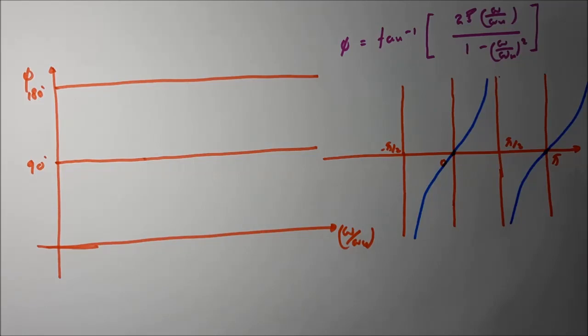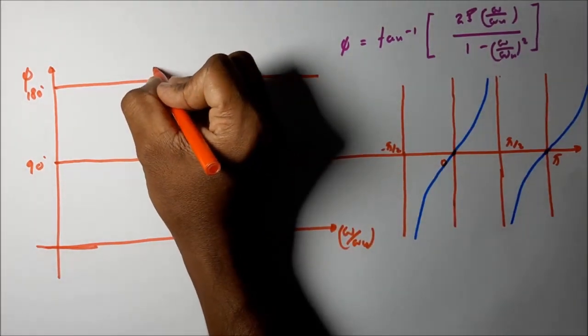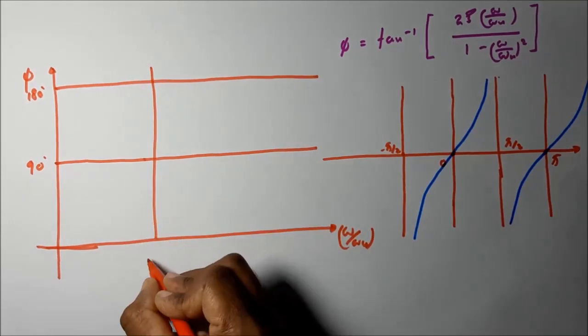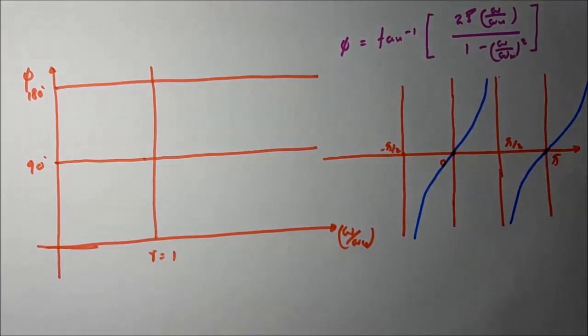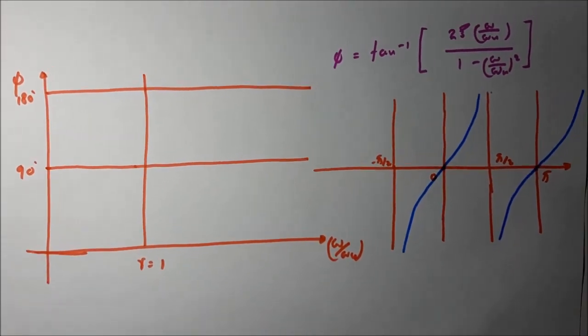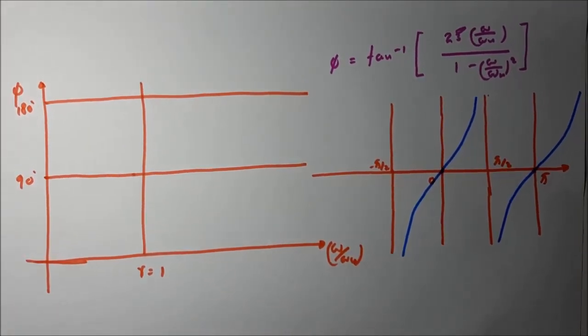Let's take the frequency ratio r equal to 1, that means omega equal to omega n. By looking at this equation, we are going to draw how phi varies with the frequency ratio.